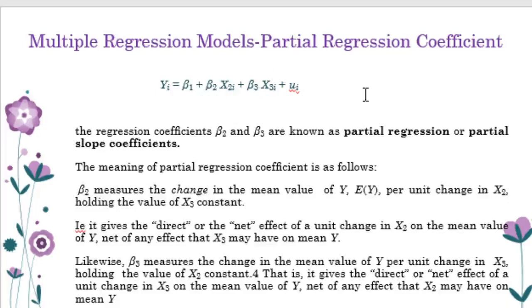Partial means the other things are kept constant. Therefore, beta 3 measures the change in the mean value of y per unit change in x3i. The partial regression coefficient shows the direct or net effect of a unit change in the variable x2i or x3i on yi. Therefore, these slope terms are termed partial regression coefficients or partial slope coefficients.